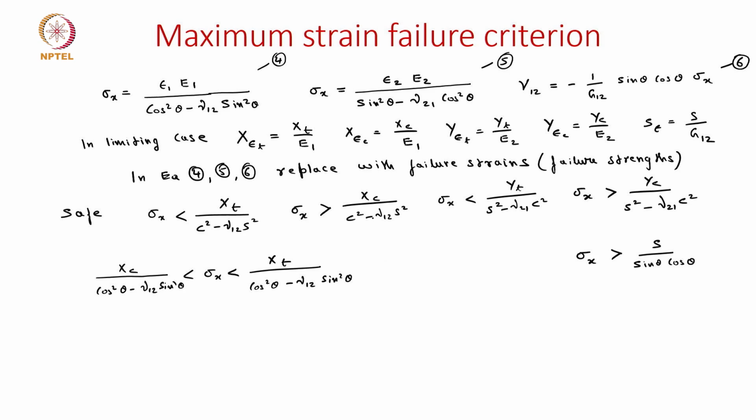Similarly, for the other two expressions in the transverse direction, I should be able to write it as Yc by sin square theta minus nu 21 cos square theta should be less than sigma x should be less than Yt by sin square theta minus nu 21 cos square theta.